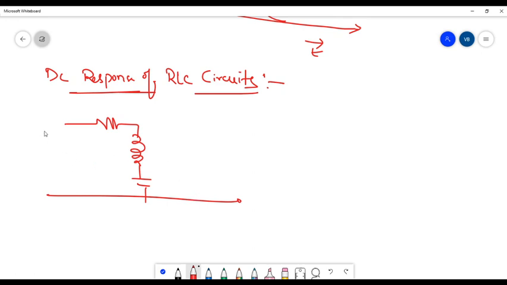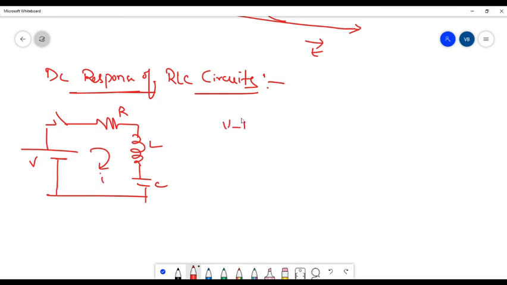From here I am going to apply the voltage V, and here I connected one switch. Okay, the same way you apply KVL here. The current passing through the network is I.